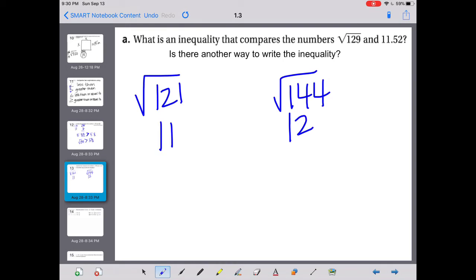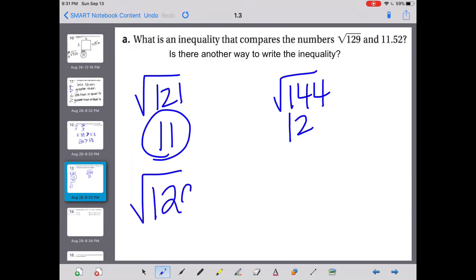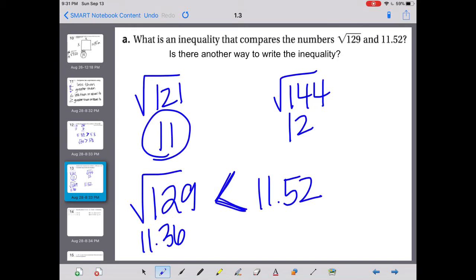So we know it falls between 11 and 12, definitely closer to 11. So it's 11 point something. If I check with my calculator, I get that the square root of 129 is 11.36, and we're comparing that to 11.52. So we're going to choose the less than symbol this time.